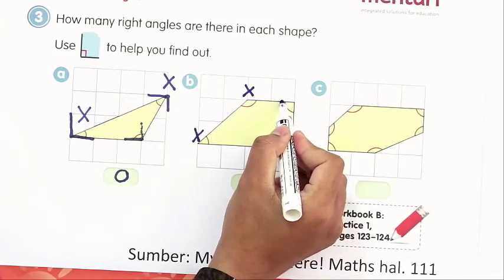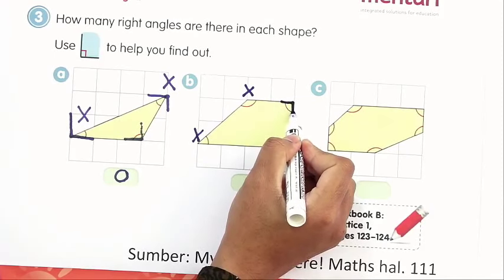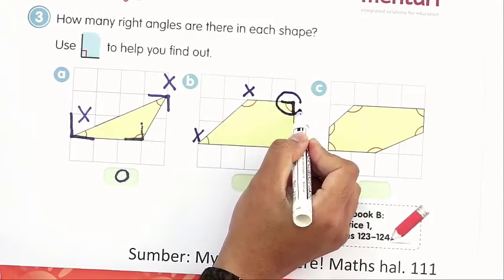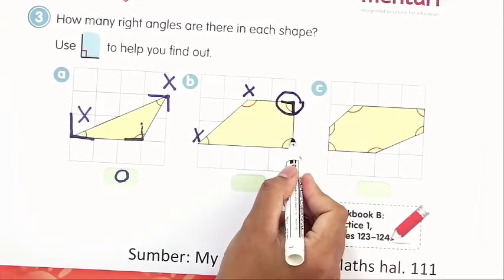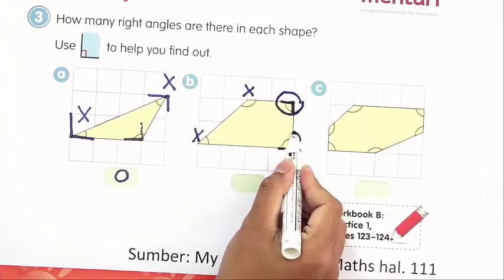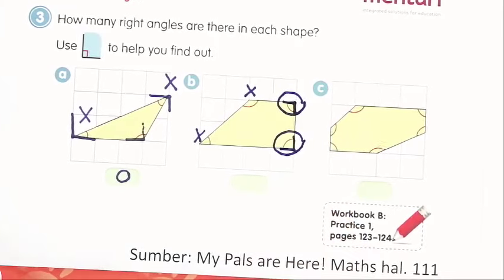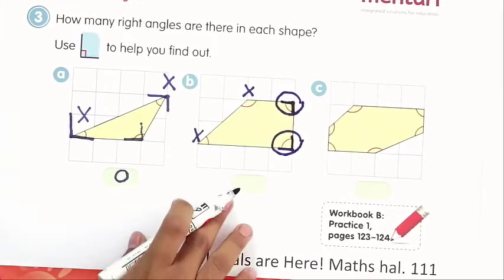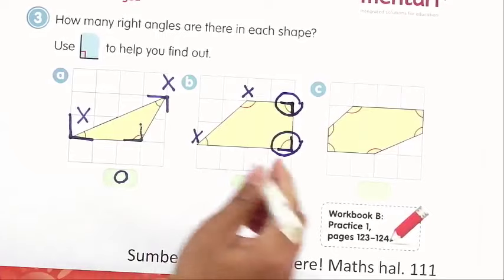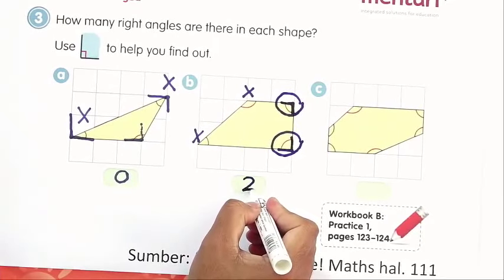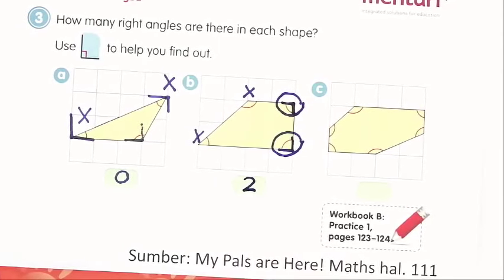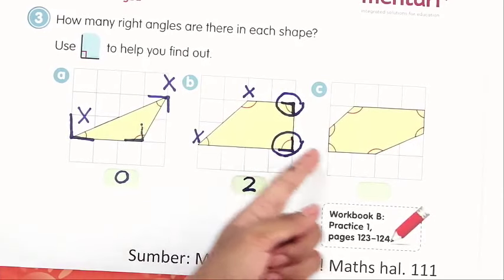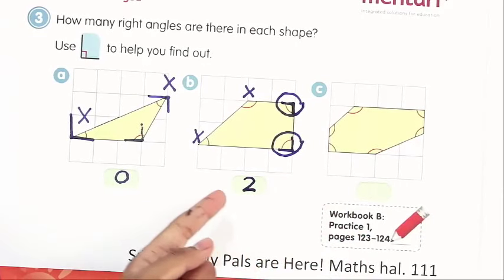Yes, this is a right angle. And this is also a right angle. So how many right angles in figure B? There are 2 right angles. Okay? Now let's move to another question.